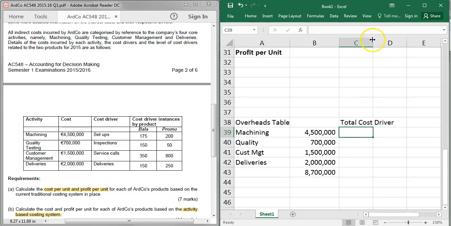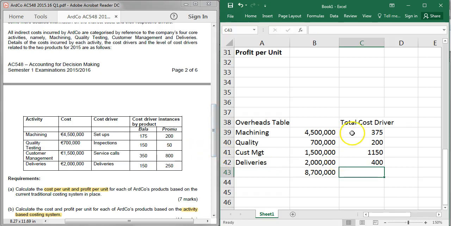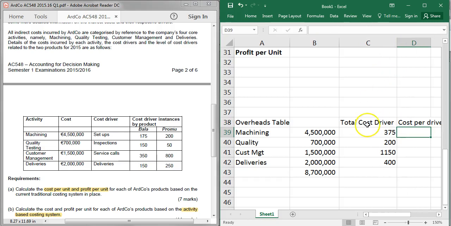So if we can get the total for each of these, which is, remember, we only have 2 products, so it's the total of these. 375 for Bala and Promo added together. 200 inspections overall. 1150 service calls. And then we have 400 deliveries. So what we're saying then is, if we can get the cost per cost driver, that will allow us then allocate it to each of the 2 products, to Bala and Promo.